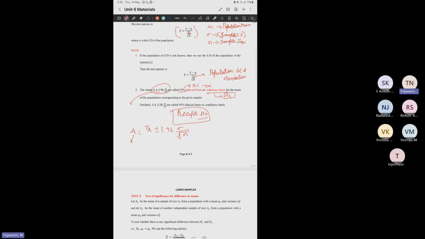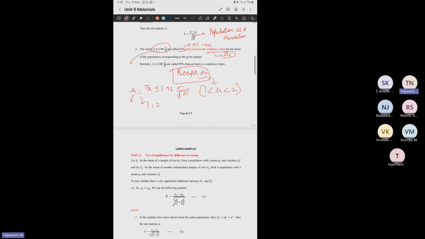For example, if we get the values 1 and 2, just an example, and mu lies between 1 and 2, then we can accept H naught. Else, if mu takes any other value outside this boundary, we will have to reject H naught, which is basically the confidence limit. Till now, is this okay?